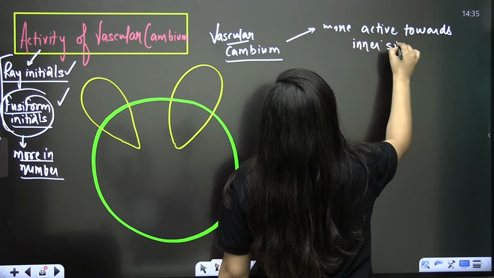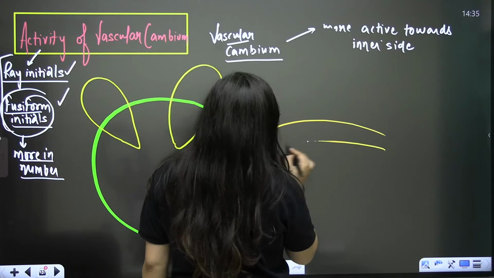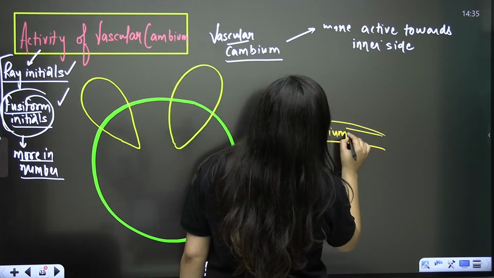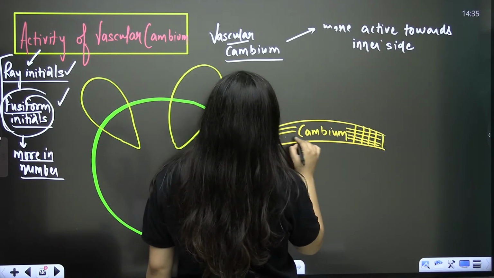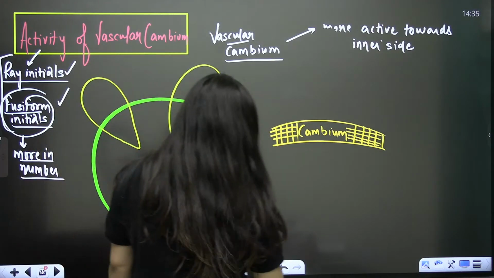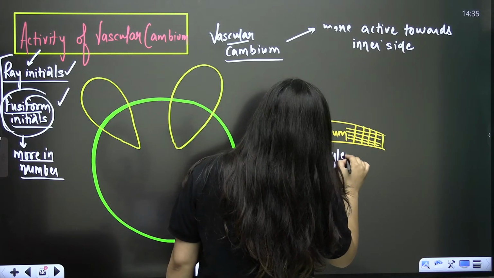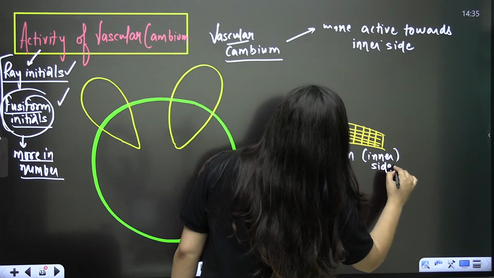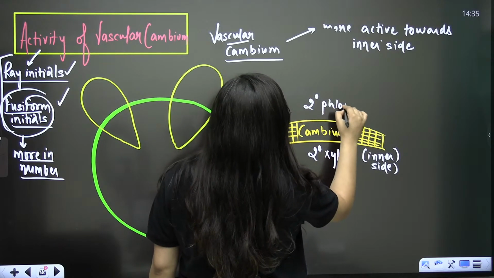What is the meaning of this statement? It's very simple. Your cambium is going to divide. Towards the inner side, it will form secondary xylem, of course, since xylem is present towards the inner side. Towards the outer side, it will form secondary phloem.